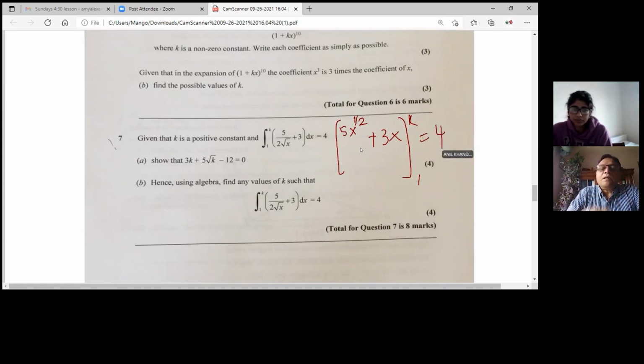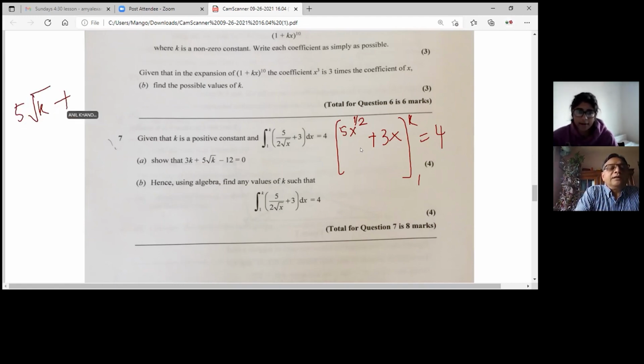Now you can plug in k here instead of x. So what do you get? 5 square root k plus 3k minus, when you put 1 here, it is 5 plus 3, correct? 5 minus 3.